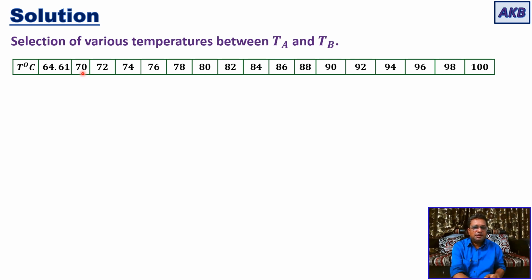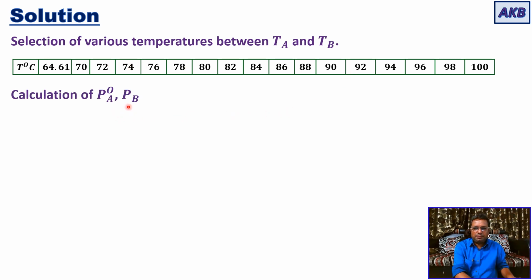It is a random selection. You can select other temperatures. There is no problem in it. So 70, 72, 74, 76, 78, 80, 82, 84, 86, 88, 90, 92, 94, 96, 98, and 100. So I have selected these temperatures.